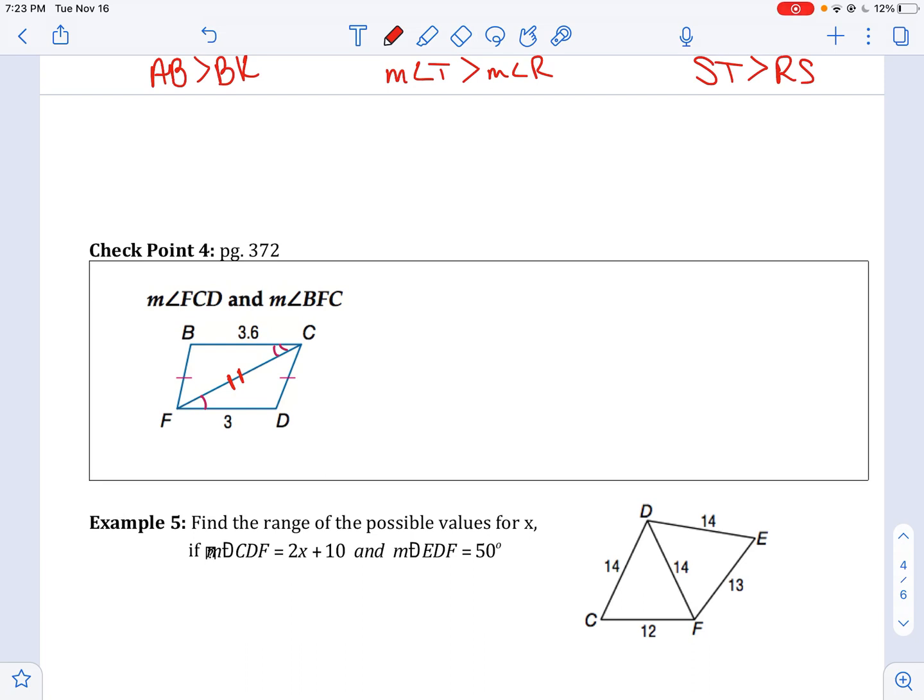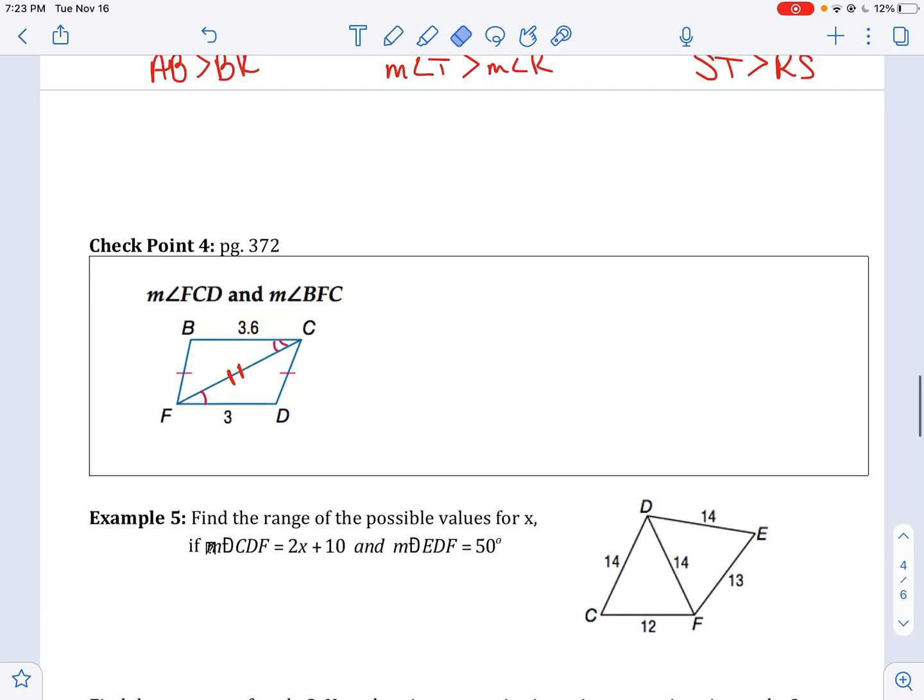So which angle is going to be bigger? Would it be FCD, or BFC? And it must be BFC, because BFC is across from the larger side.